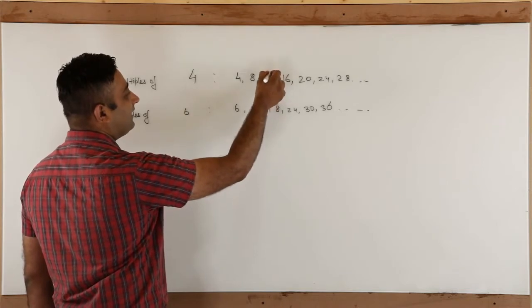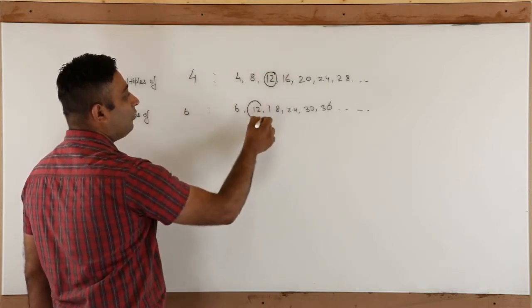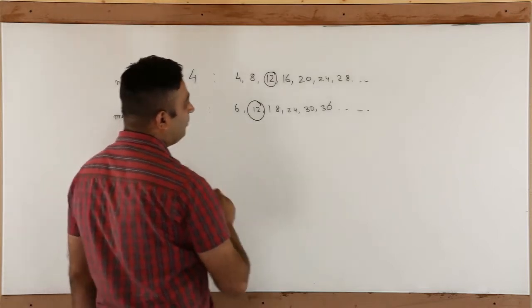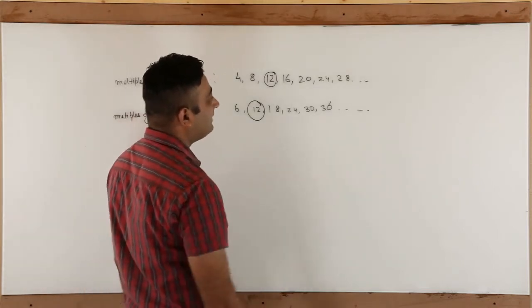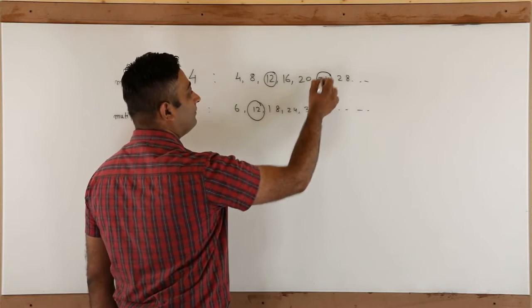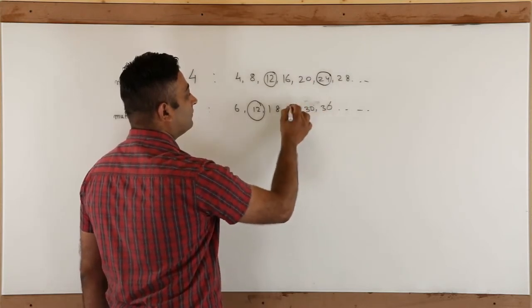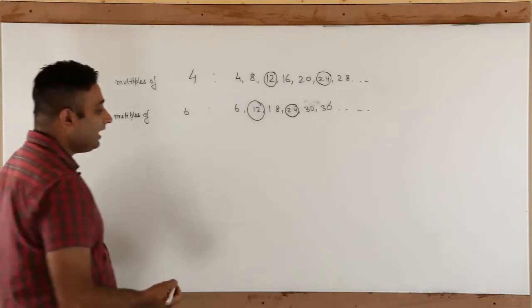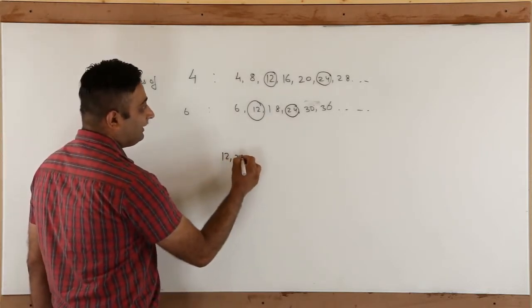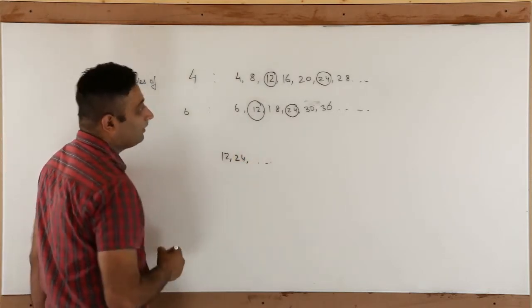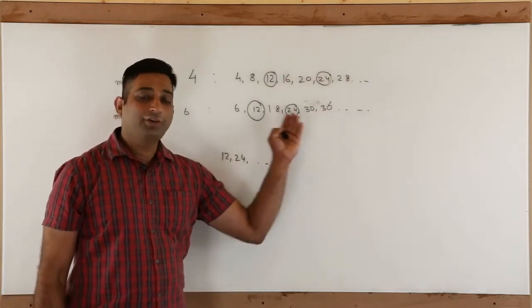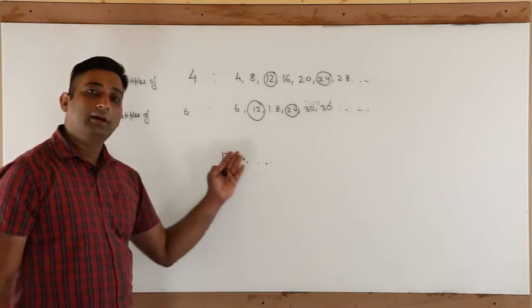We can see that 12 is the common multiple in both the lists. Now the next common multiple is 24. So we can say that the common multiples are 12, 24 and so on. We can find some more multiples of 4 and 6 to find out some more common multiples.